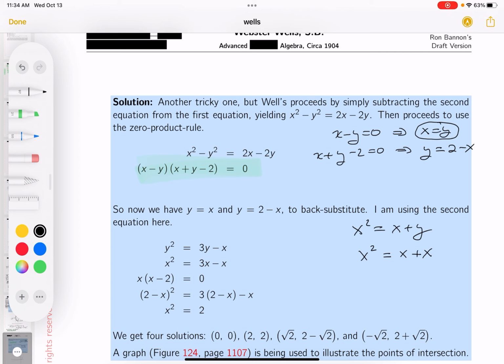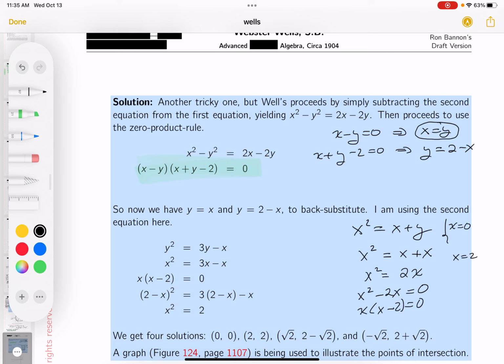Let's keep going. X squared equals 2x. Let's keep going. X squared minus 2x equals 0. What do you get? X times x minus 2 equals 0. So what do you get for a solution over here? X equals 0 and x equals 2.